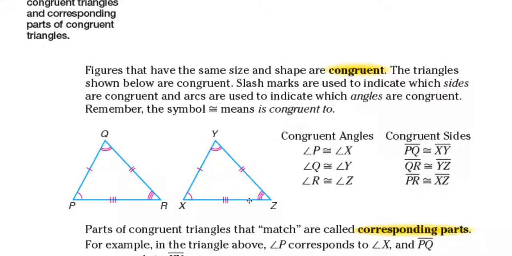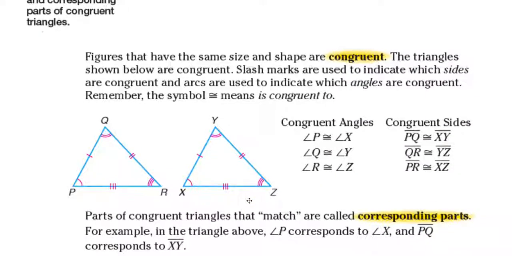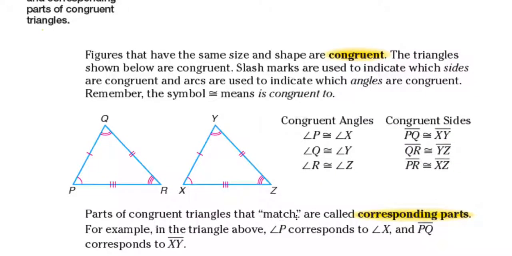Parts of congruent triangles that match are called corresponding parts. When they say they match, that means they are in the same location or position in the triangle. So in this case, this side corresponds to that side because they are in the same position.